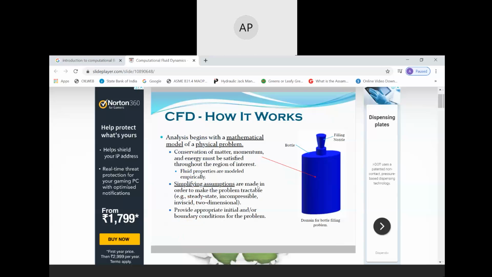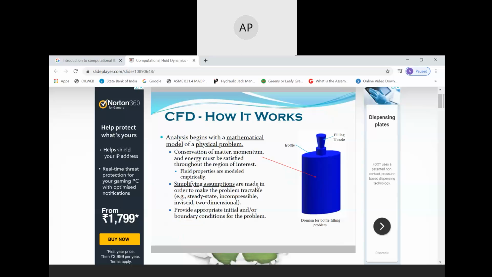So how does CFD work? Generally, CFD is based on a mathematical model of a physical problem. Conservation of matter, momentum, and energy must be satisfied throughout the region of interest.